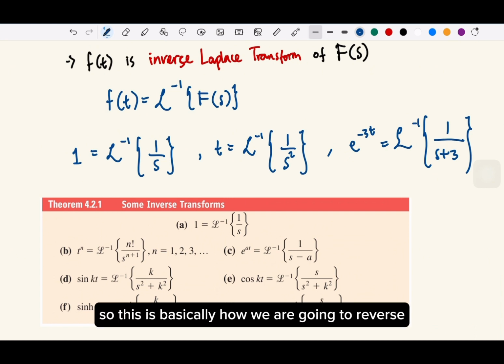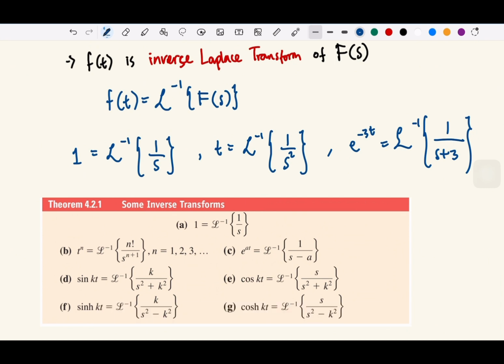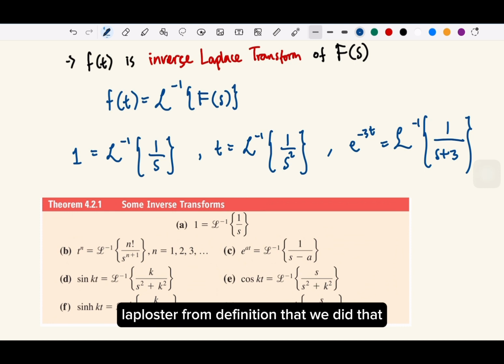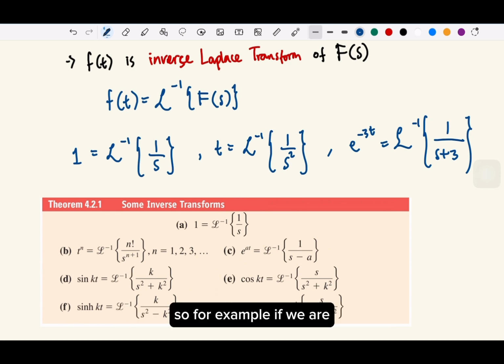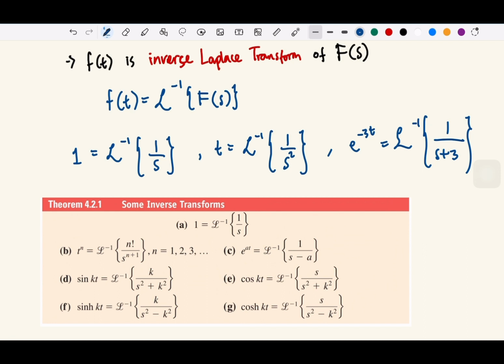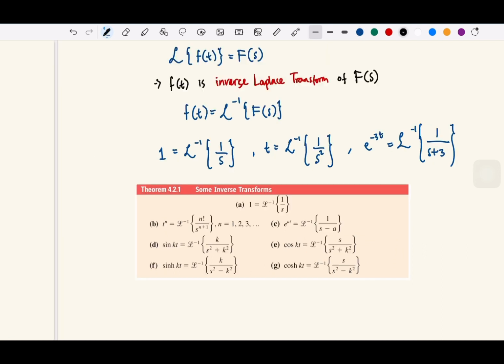So this is basically how we are going to reverse the transformation that we did in the first Laplace transform definition. So for example, let me write the example here.